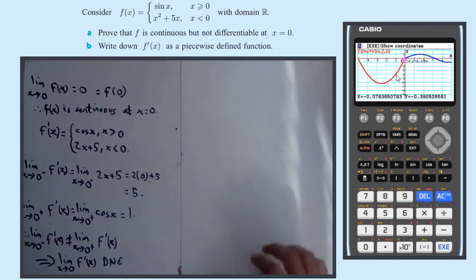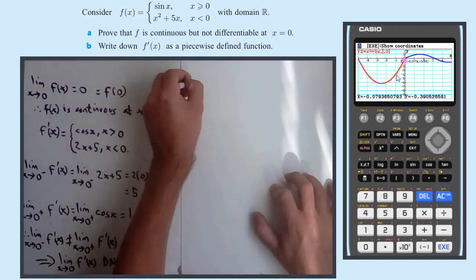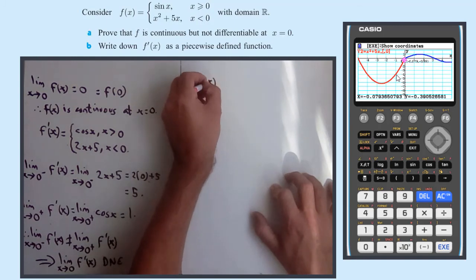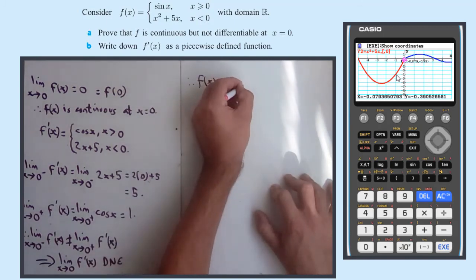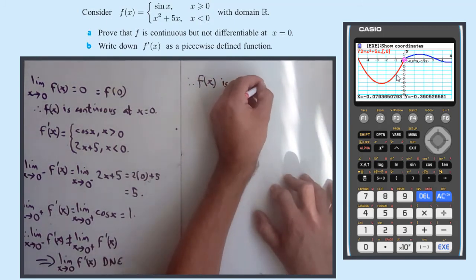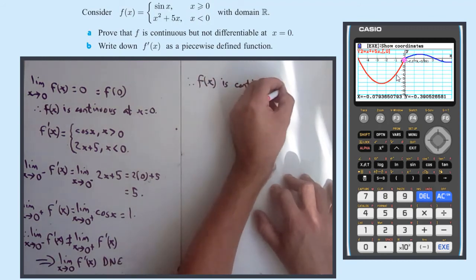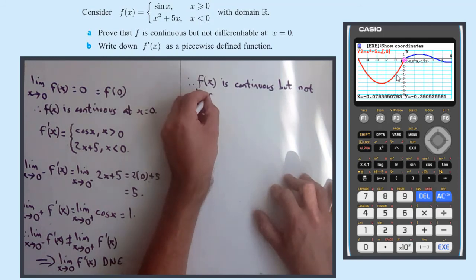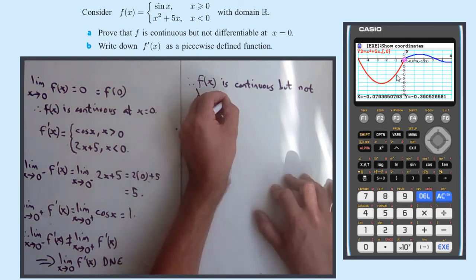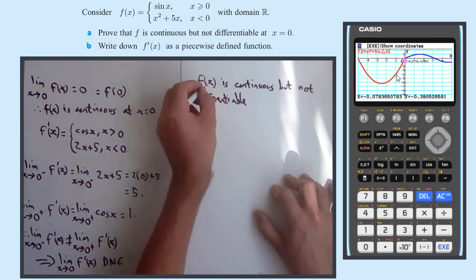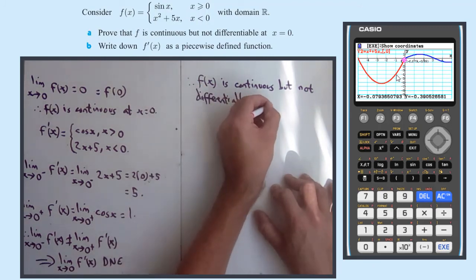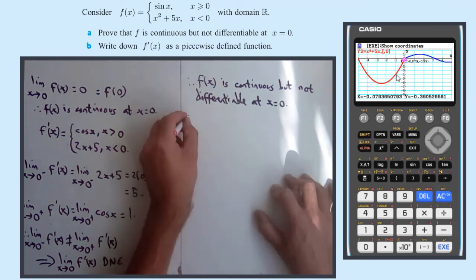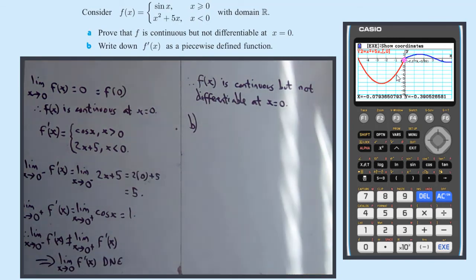That tells us that f of x is continuous but not differentiable at x equals 0.